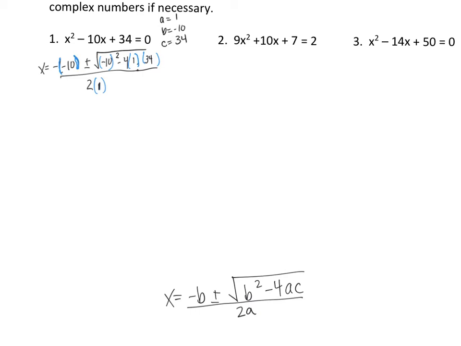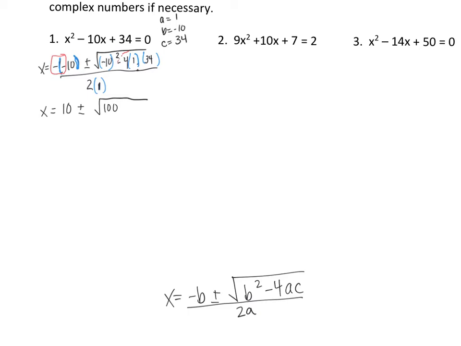Okay? And now we're just going to go ahead and simplify the first couple parts. So I know that when I have a negative and a negative, this becomes a positive. So I am left with x equals 10 plus or minus, and now we're just going to do some simplifying under the radical. So we're just multiplying, okay? And I know that (-10) squared is 100, okay?